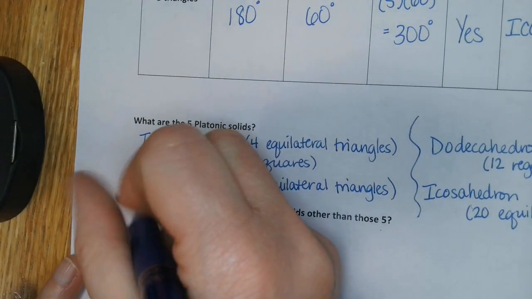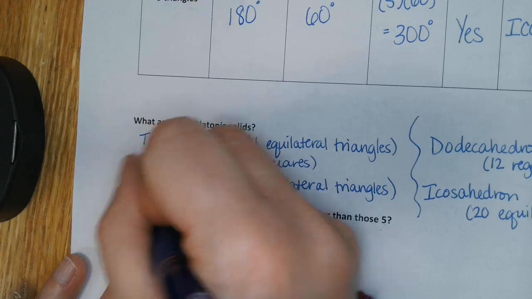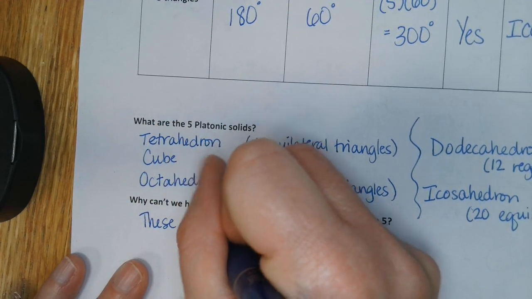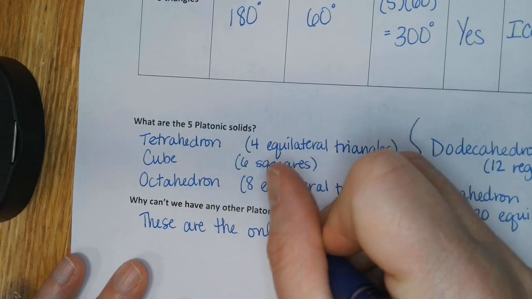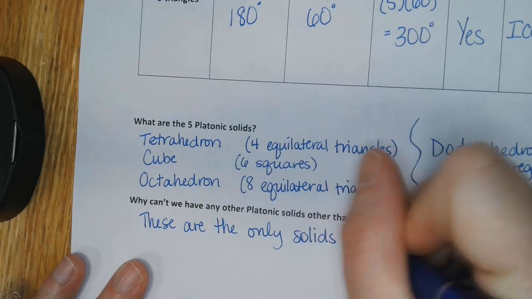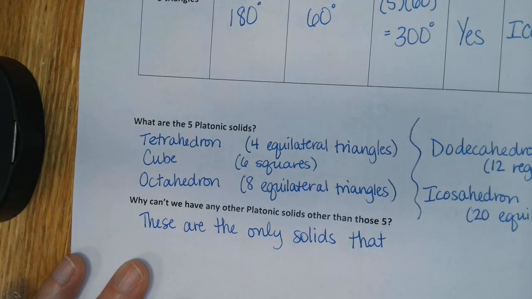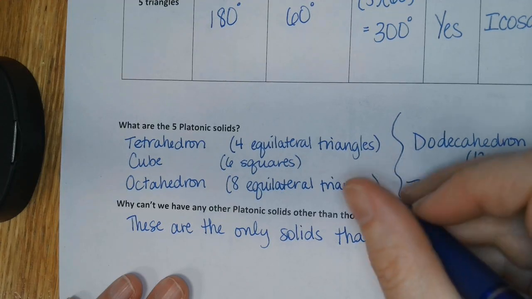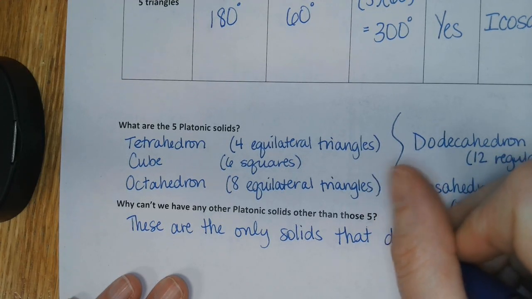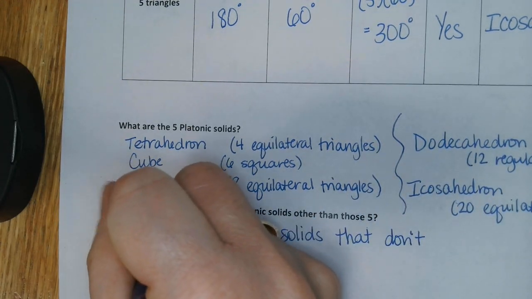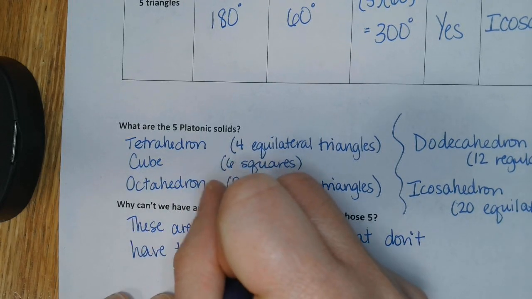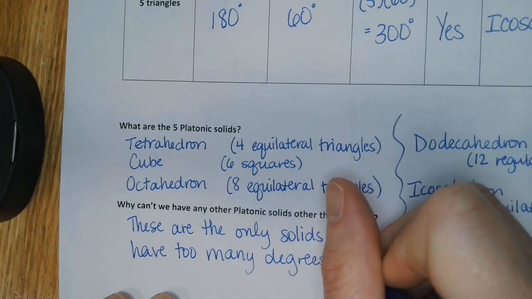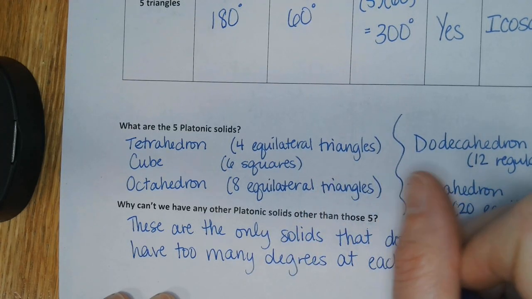Well, we could see here that these are the only solids that don't have too many degrees at each vertex.